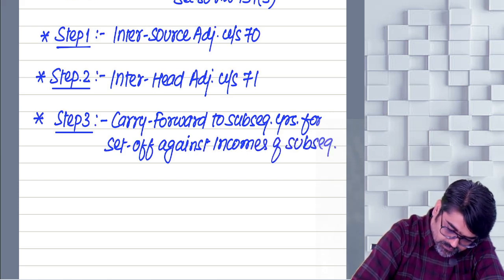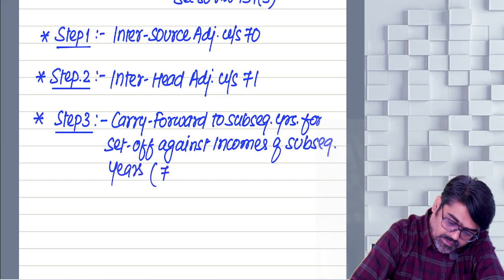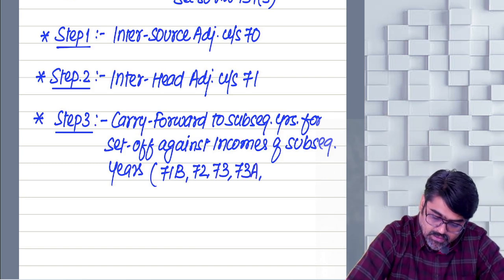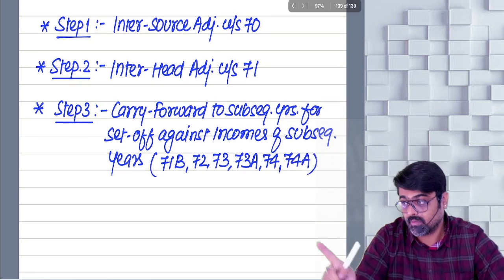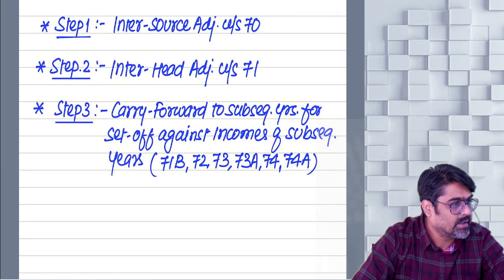Then the provisions of 71B, 72, 73, 73A, 74 and 74A will come into existence.